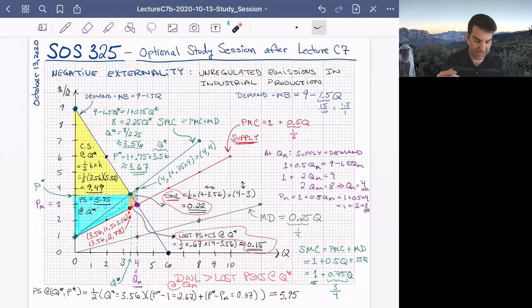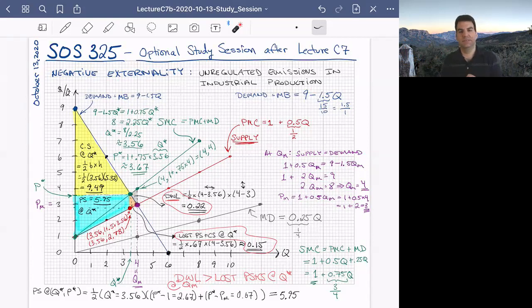So even though producing the additional units is going to bring in more revenue to the producers and more benefit to the consumers, the additional cost due to the air getting worse will actually be greater than those benefits. And so it's actually better to produce less of the good, because by producing less of the good, we have less pollution in the air. And the right balance is actually going to be at this point, not at this point.